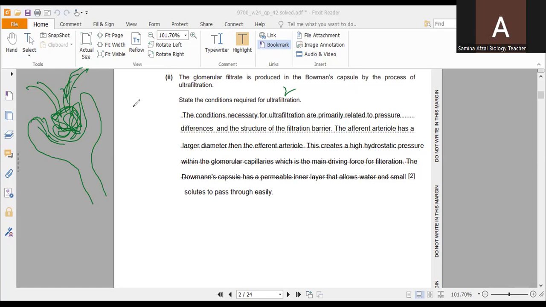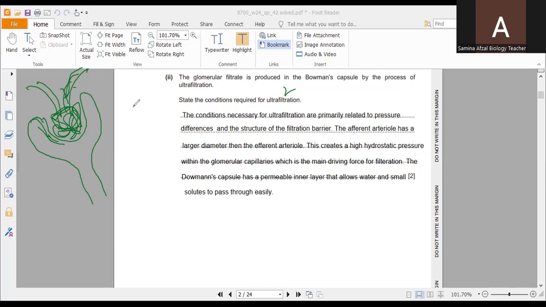So ultrafiltration means the blood is filtered here. This process relies on the pressure difference to force fluids and small molecules from the blood into the Bowman capsule, forming the glomerular filtrate.